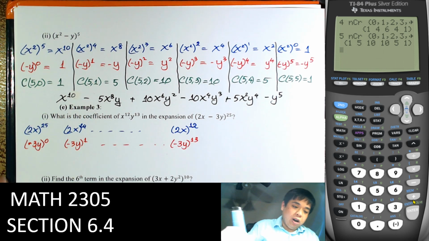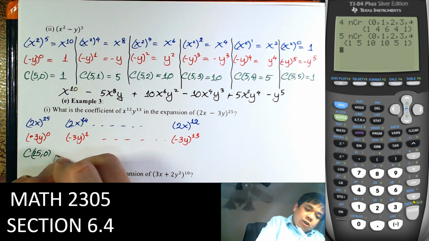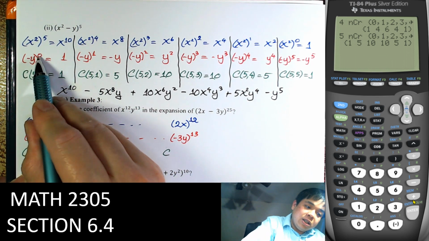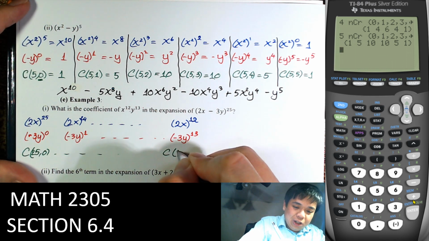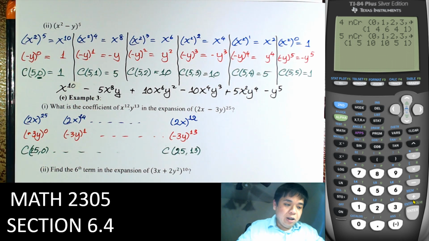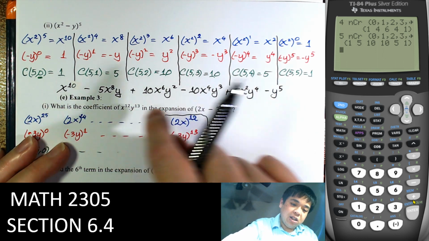And then of course we have the combination, 25, 0, all the way to, notice the combination, the second number is the same as the second number of the power. So in this case, 25 and 13. So we just multiply all of this together. That gives you that term.